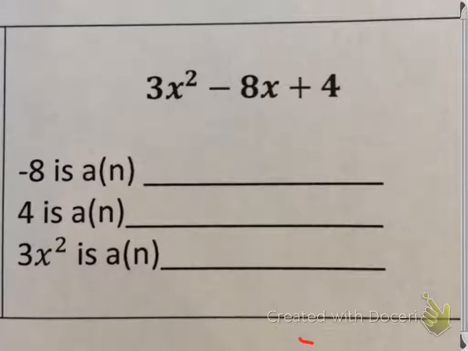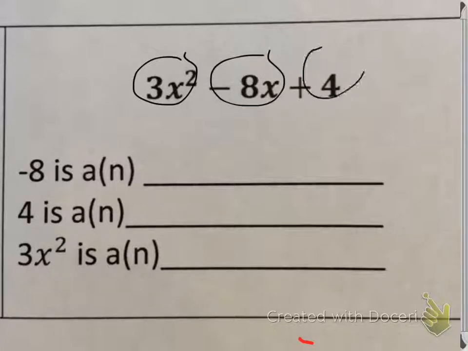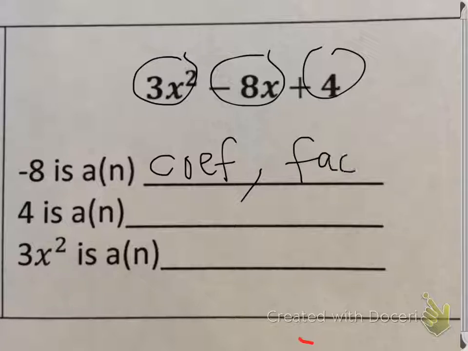All right, a little bit longer on this last one here. It's going to take just a second longer to do this maybe. But 3 terms this time that we're looking at. 3 separate terms. On this one, the -8 there is going to be a coefficient because it's in front of a variable. It also, like I said before, could be a factor because that's how you can multiply by -8 to get to -8.